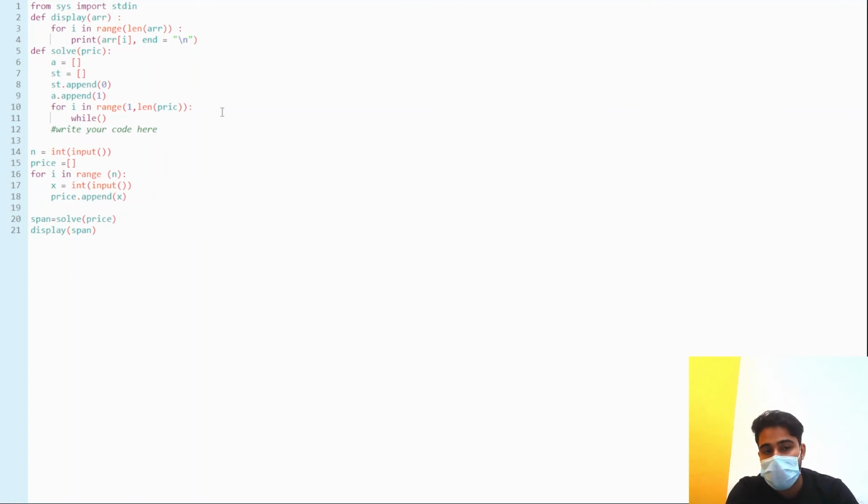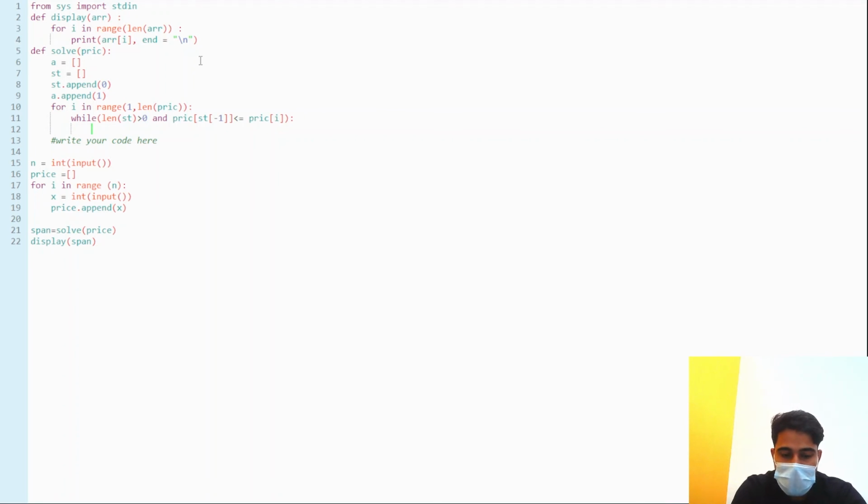So while length of stack is greater than 0 and price of stack minus 1 is less than or equal to price of i, what I'll do is stack dot pop.